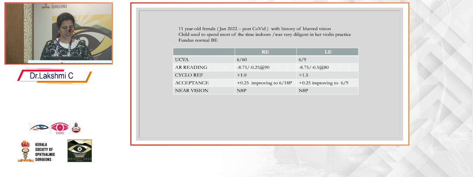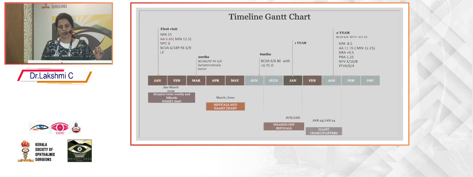The next is an 11-year-old female who presented post-COVID with continued near activity, and she was an ardent violinist. Her uncorrected vision was 6/60, 6/9. Autorefractor reading was -8.75, but cycloplegia showed only +1. Acceptance was +0.25, vision improving only to N6, near vision N8. So this is the timeline.